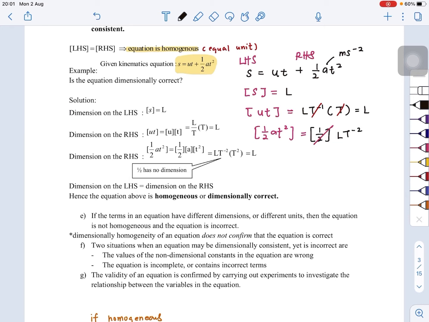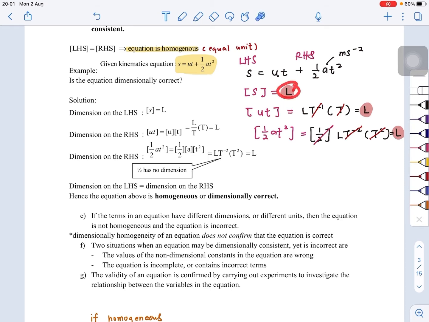And then times with T square pula. Darab lagi dengan T square. So this one cancel. So now dimension akhir adalah L. So kalau kita tengok dekat sini, dimension untuk displacement adalah L. Dimension untuk UT adalah L. And then dimension untuk half AT square adalah L.